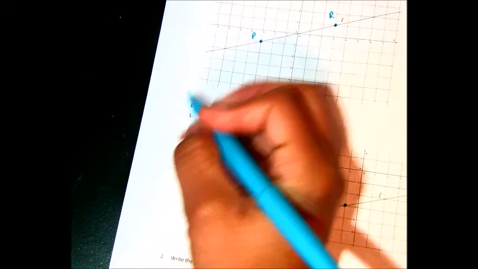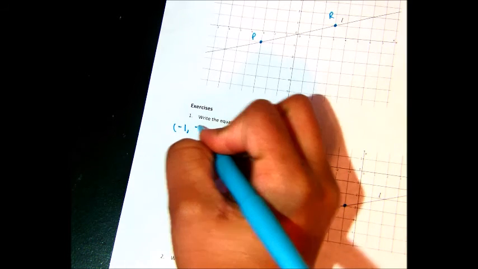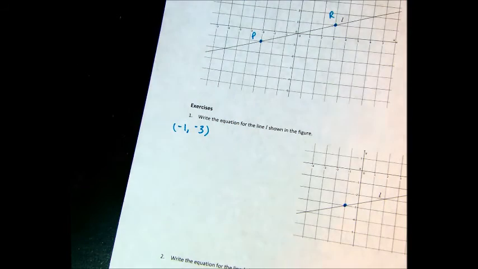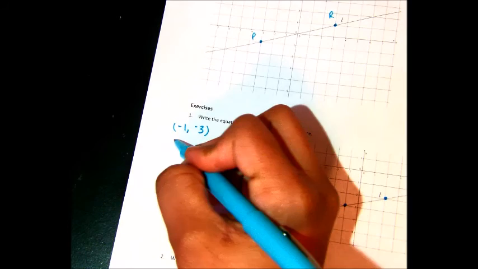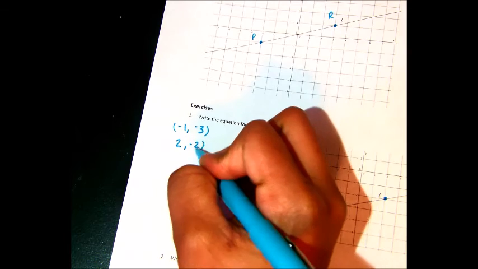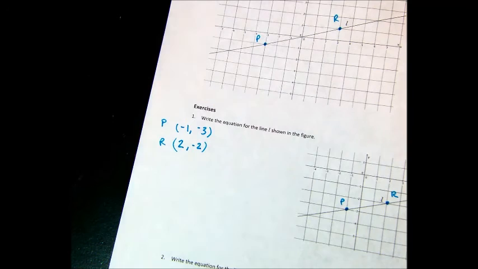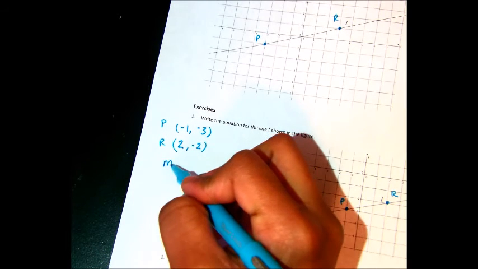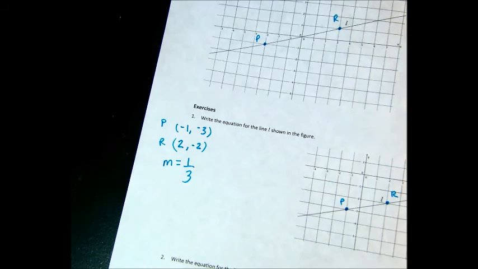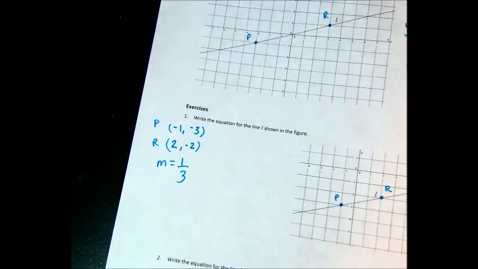Identify the point -1, -3, and I'm going to identify the point 2, -2. Call one P. Call one R. I then find that the slope of this line is what? Slope of this line is 1/3.